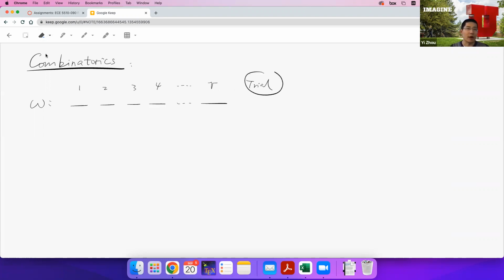And for every trial, we assume that we can observe, for example, for the first trial, there might be N1 different possible outcomes. In the second trial, you can observe N2 different outcomes.